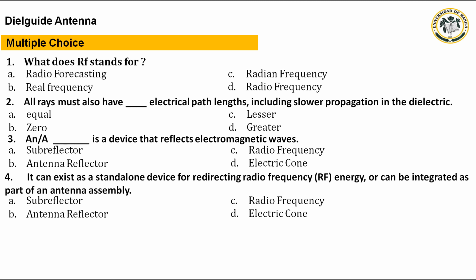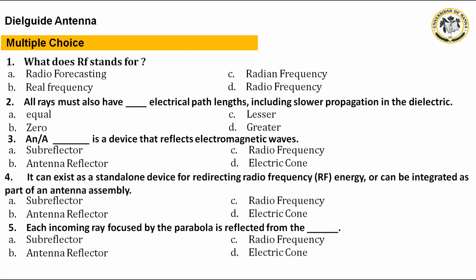A. Subreflector, B. Antenna reflector, C. Radio frequency, or D. Electric cone. Number 5. Each incoming wave focused by the parabola is reflected from the blank. A. Subreflector, B. Antenna reflector, C. Radio frequency, or D. Electric cone.